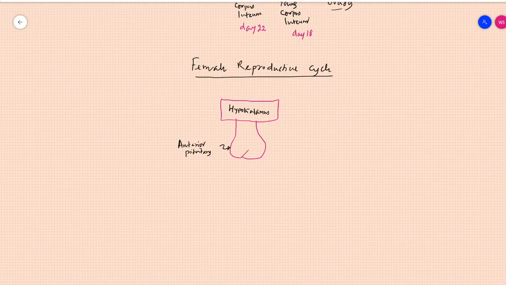So let's draw it here. It releases FSH and LH, the follicle stimulating hormone and the luteinizing hormone.